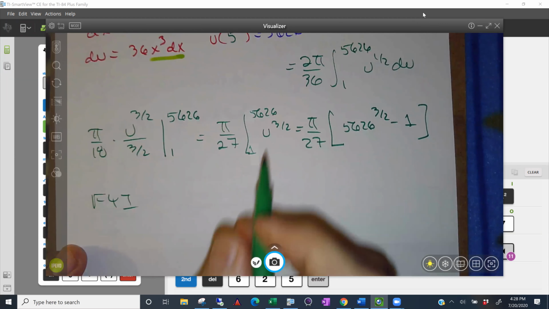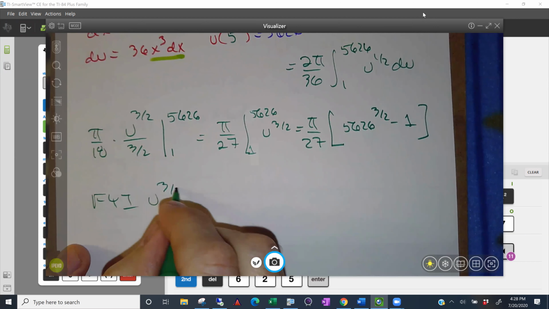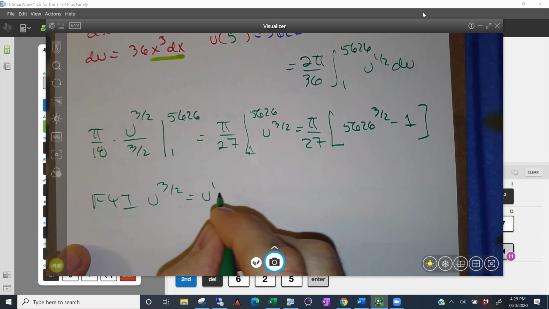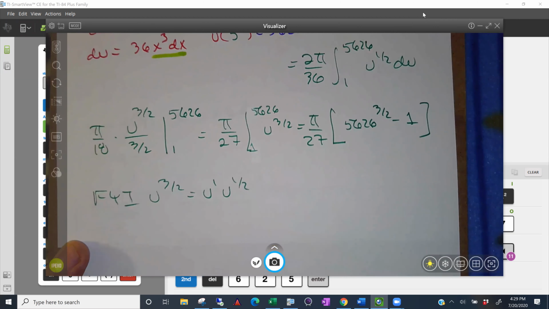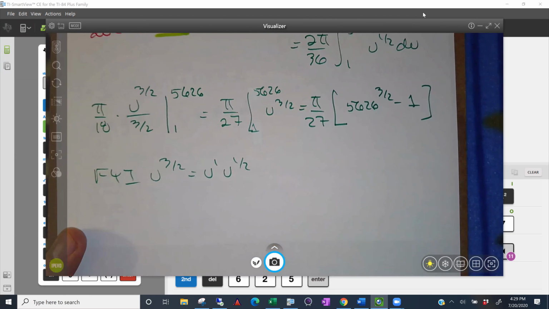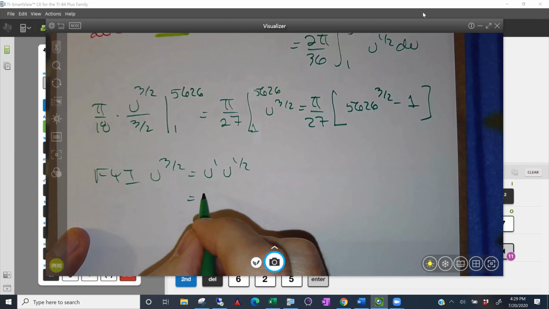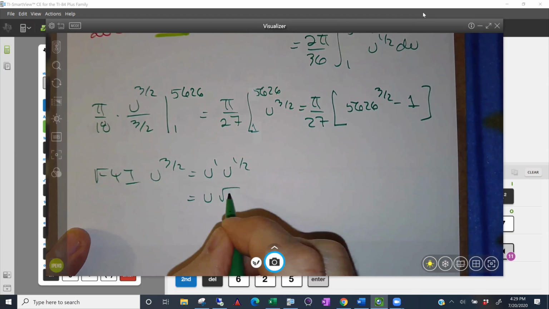Just kind of an FYI, u to the 3 halves is really u to the first power times u to the 1/2. So another way you could write that is u times the square root of u.